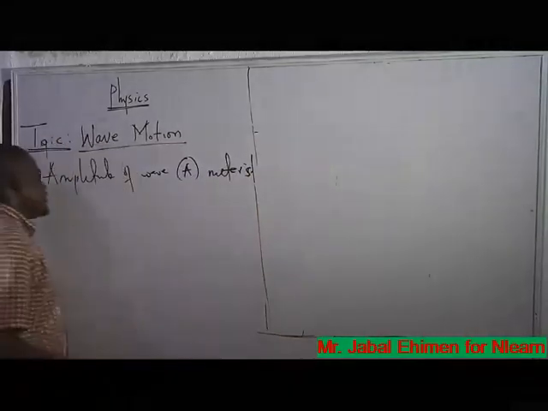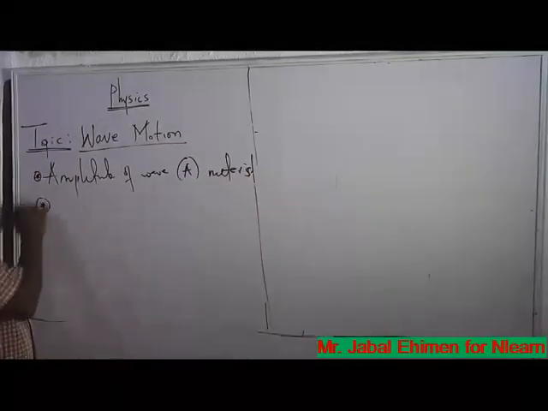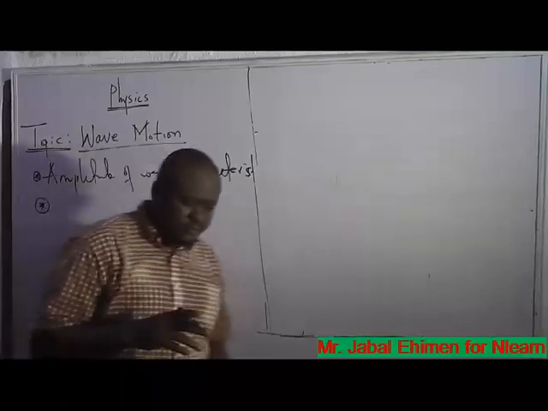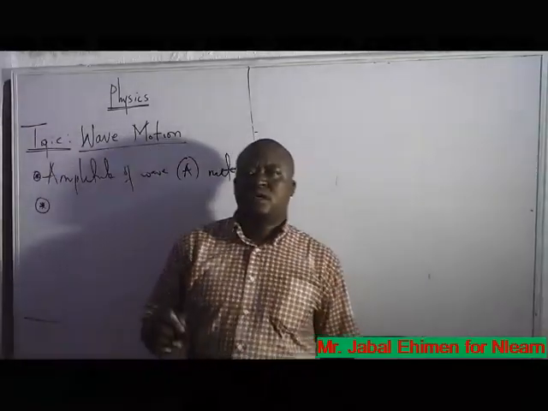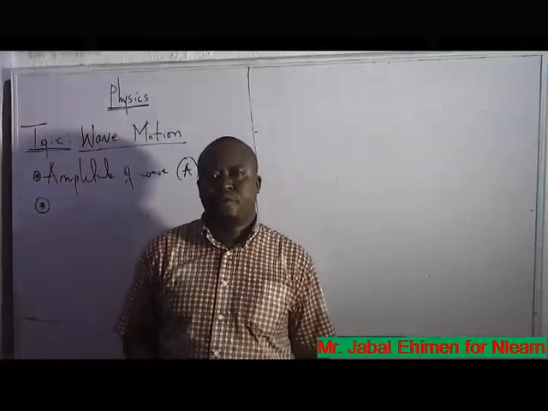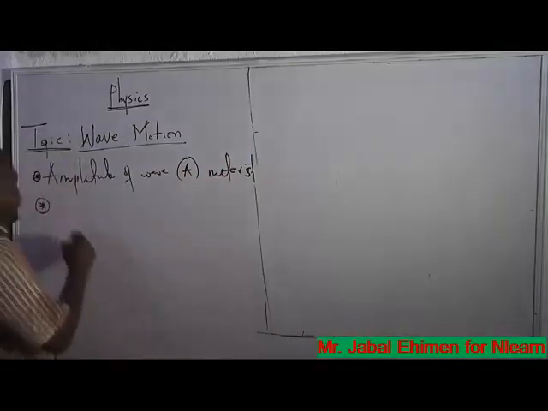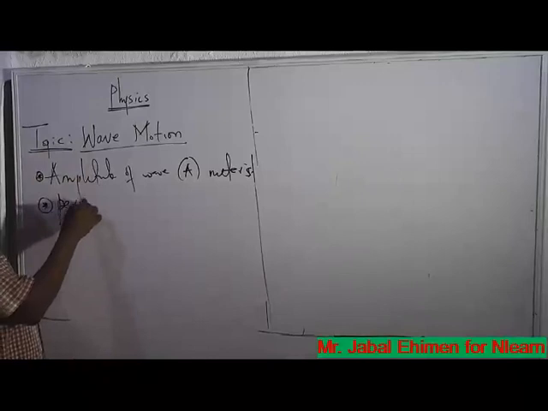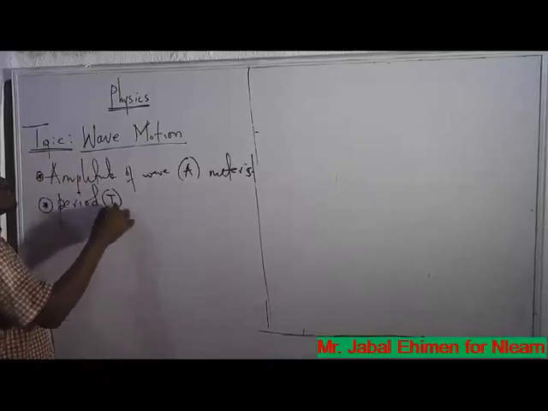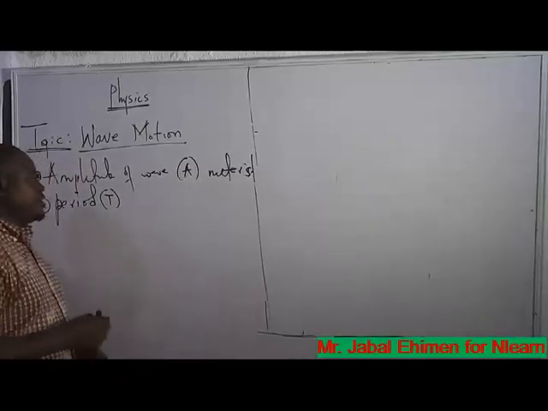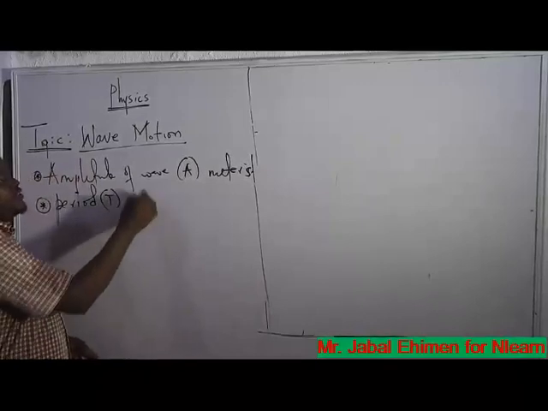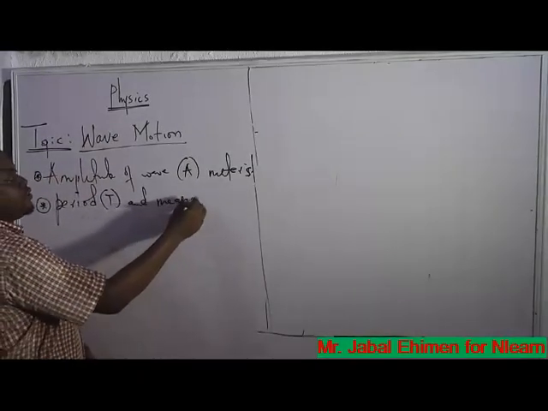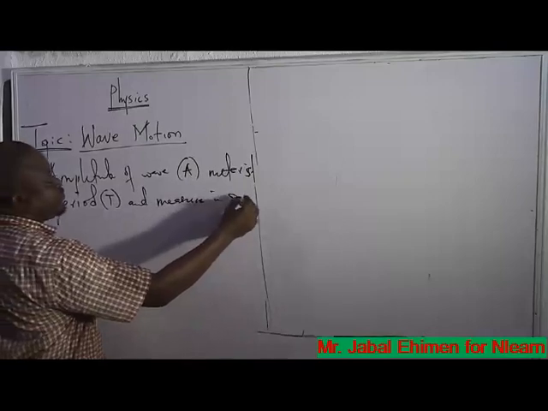So the second thing that you can use to describe wave is something we call period of wave. Period of wave is always denoted as T, and measured in seconds.